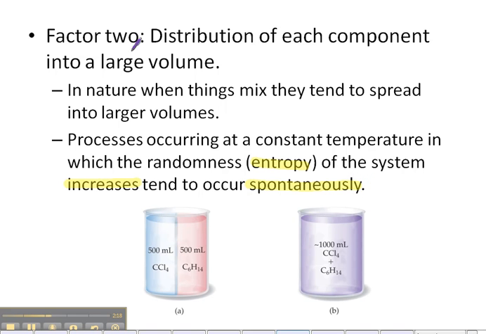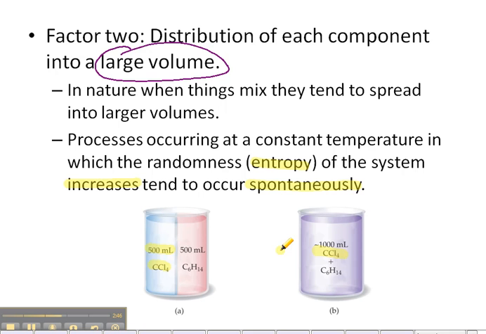larger volume issue. And these pictures here are right out of your book. You guys should recognize these from your one-sentence summaries. What I notice is that here you've got 500 milliliters of CCl4. Over here, there's still the same amount of CCl4, but it's occupying 1,000 milliliters this time, okay?